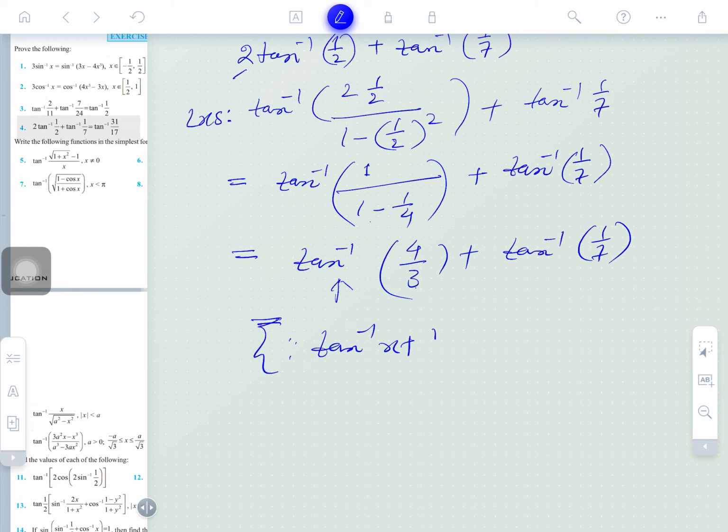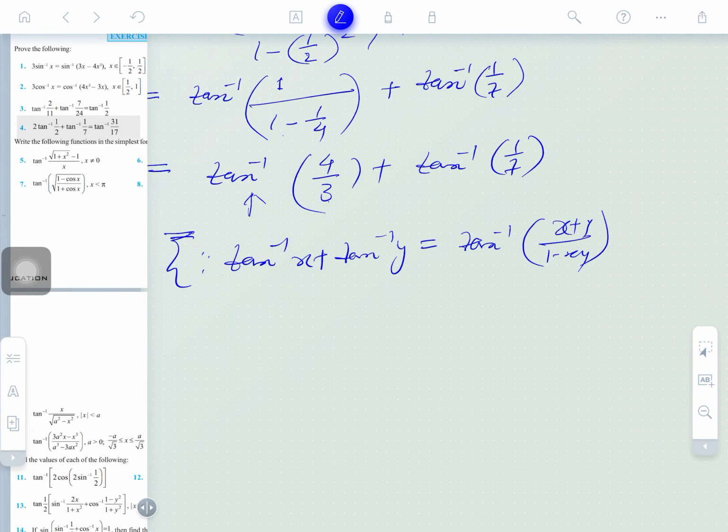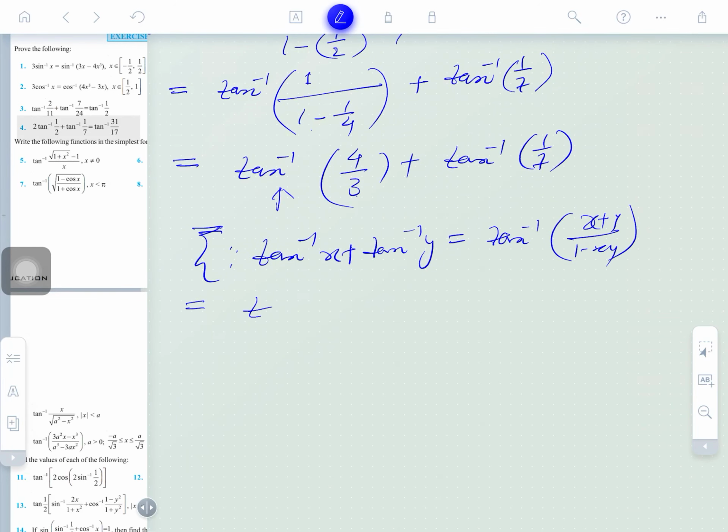Tan inverse of x plus tan inverse of y is equal to tan inverse of x plus y by 1 minus xy. Therefore, you can write tan inverse of 4 by 3 plus 1 by 7 by 1 minus 4 by 3 into 1 by 7. Can we write this or not?